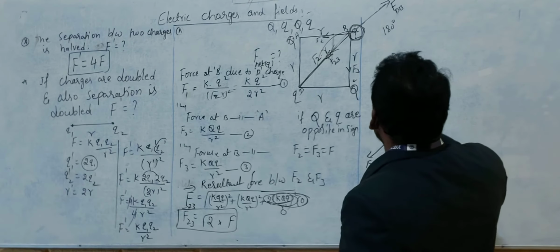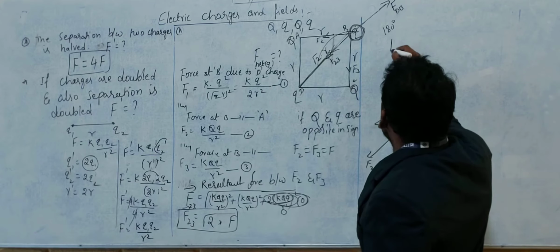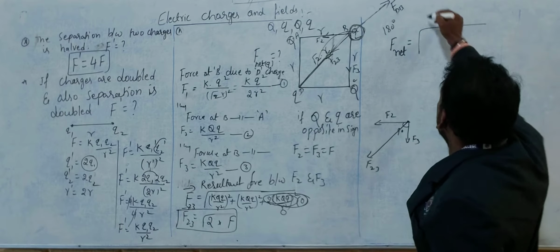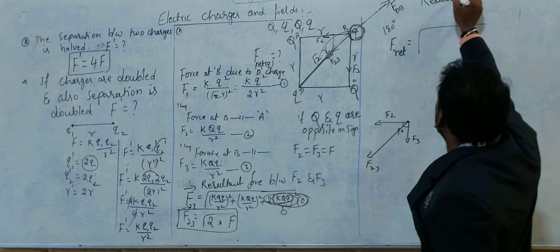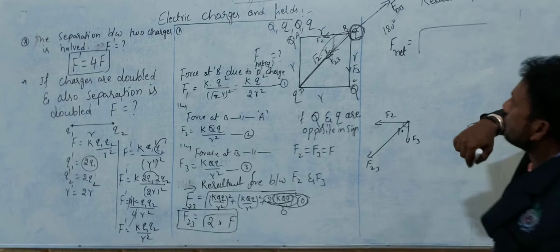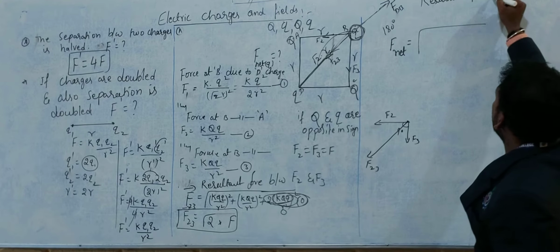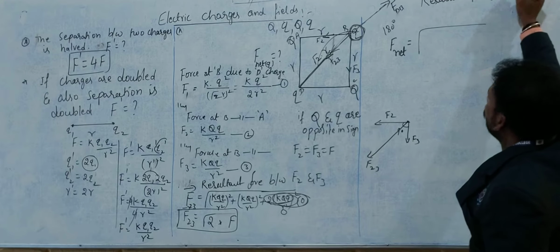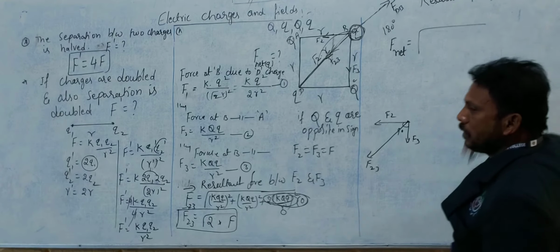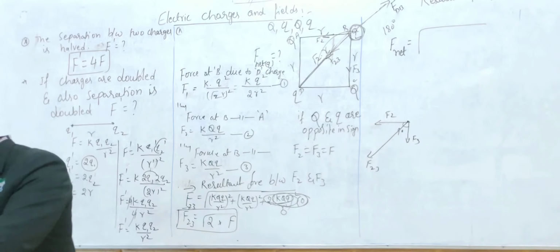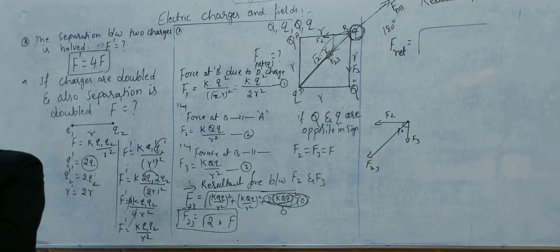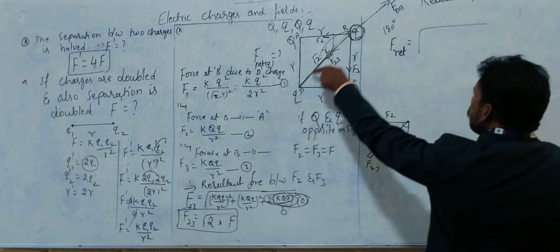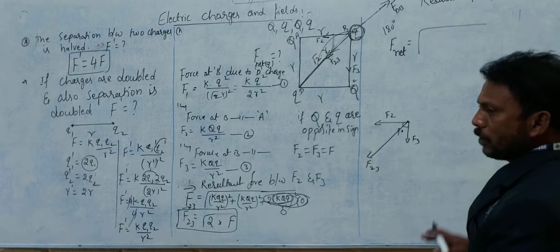Therefore, the net resultant F net is the resultant between FDB and F23. These two forces act in opposite directions.